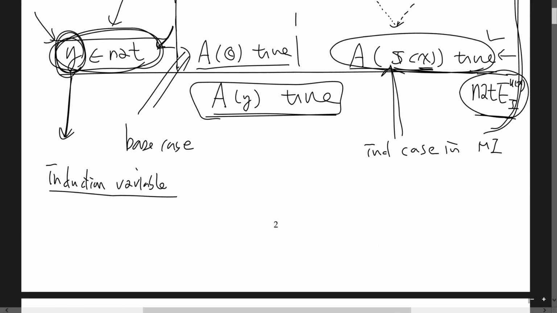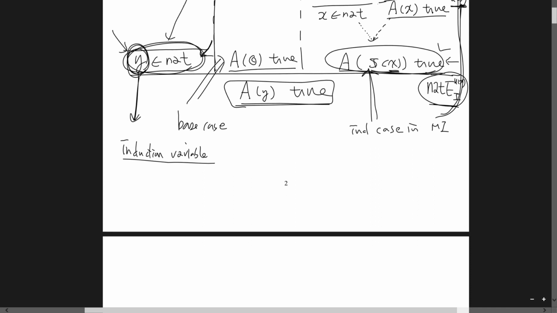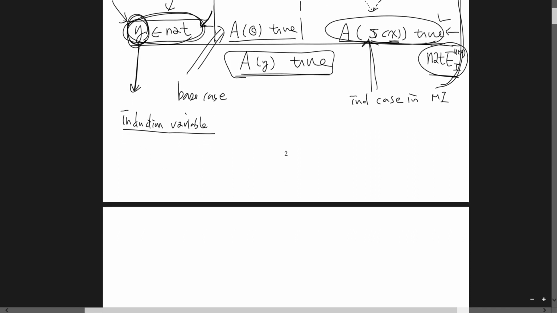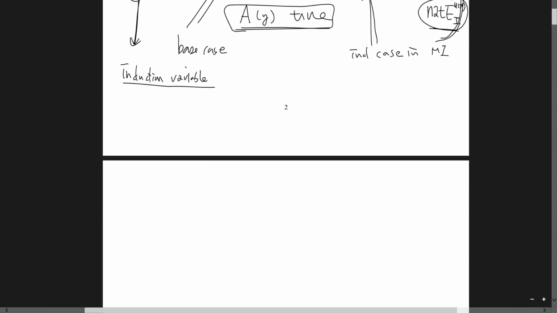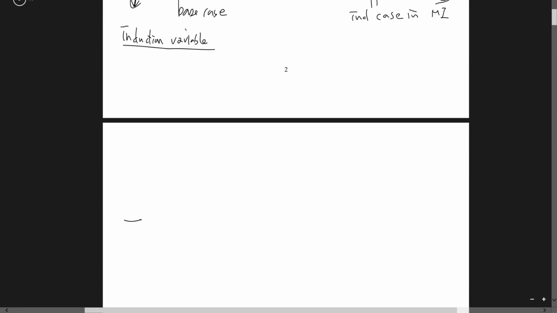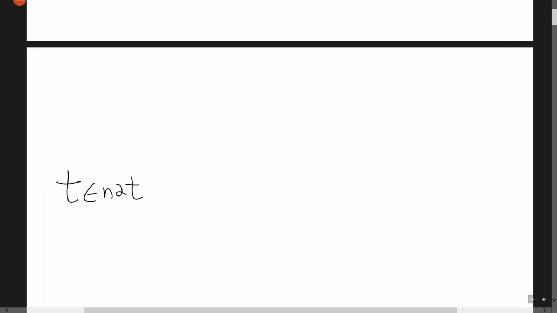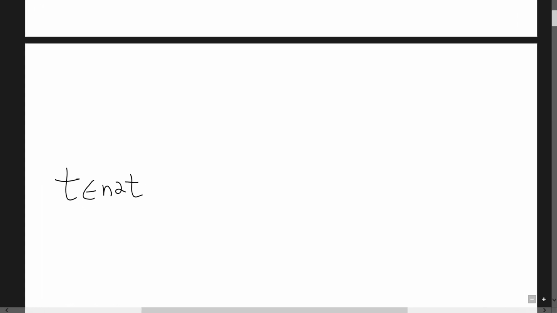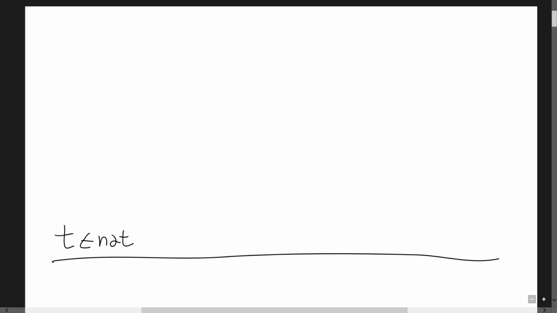So let me summarize this one. So the inference rule reads: term t belongs to data type nat, and we would like to show that A of t is true.